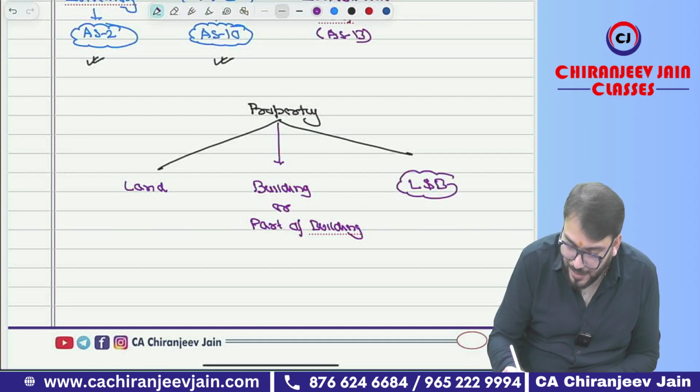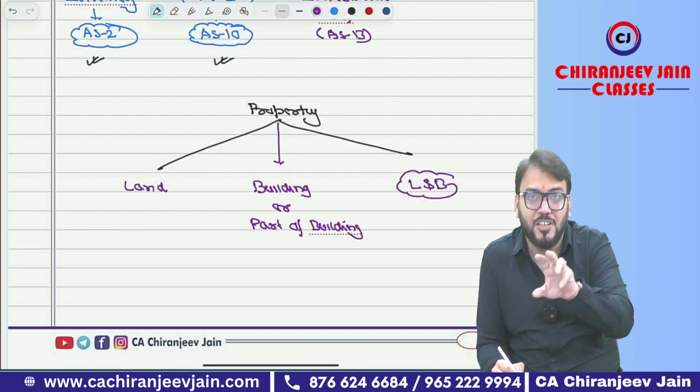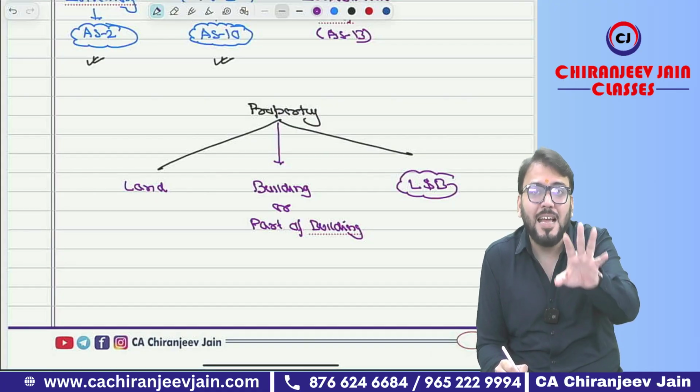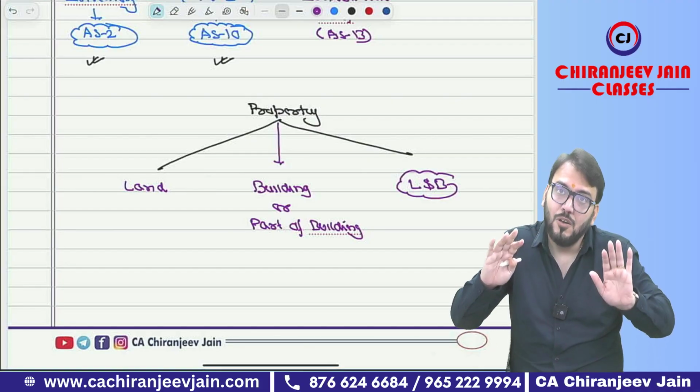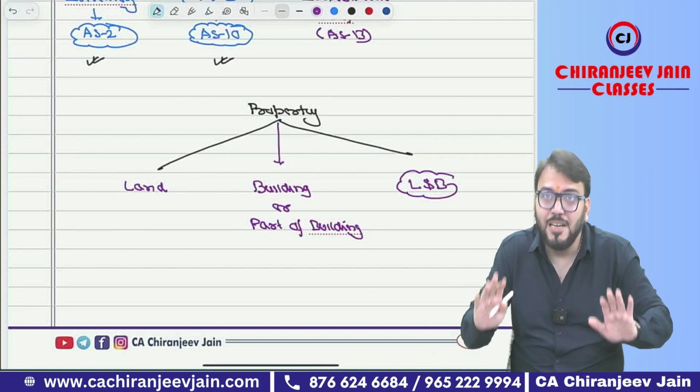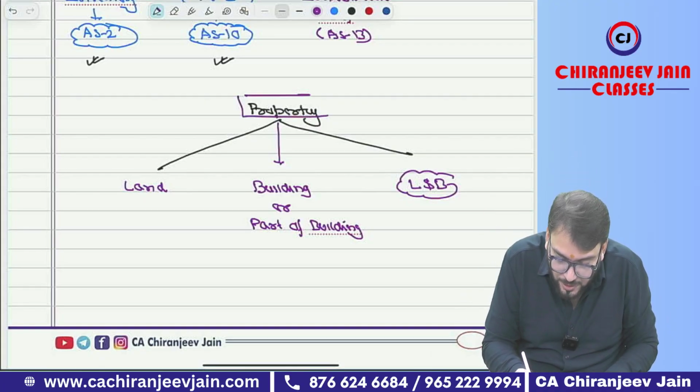This is property in accounting. When I say property, you might be thinking of gold, etc. No, that is property in layman's language. But here property means land or building or part of building or land and building. Property, you understood.